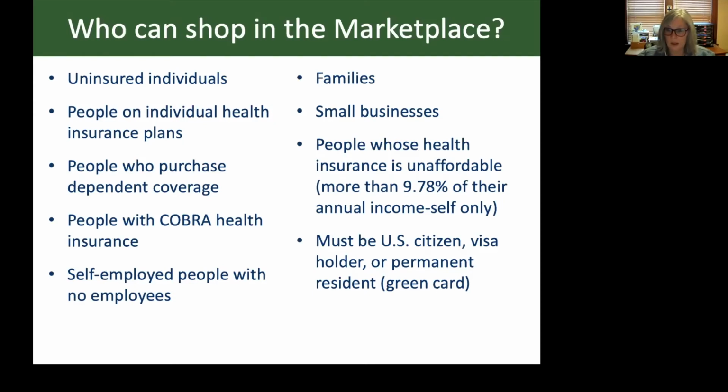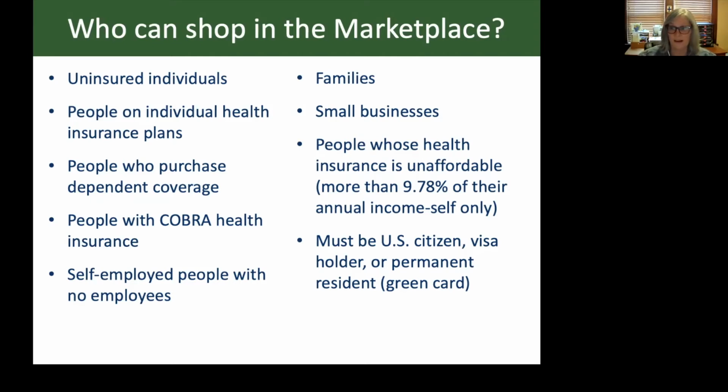So let's talk about who can shop for health insurance in the marketplace. First of all, the marketplace is for uninsured individuals, also for people on individual health insurance plans, people who are looking to purchase dependent coverage, people with COBRA health insurance.